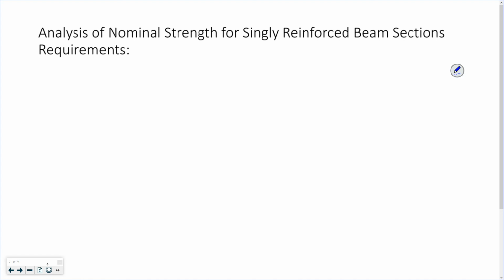So we need to be able to calculate the capacity. So we've got to keep a couple things in mind. We're going to keep in mind our stress and strain compatibility.